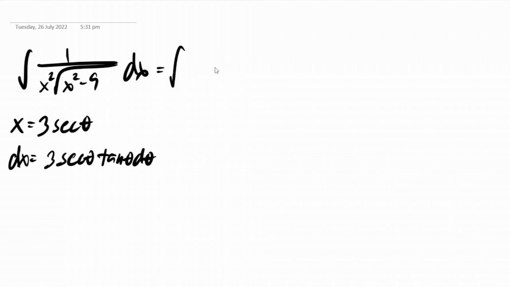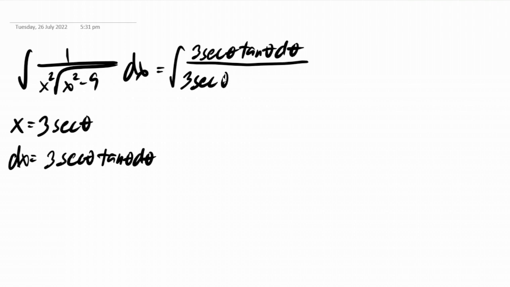If we put the dx on top, that is 3 secant theta tangent theta d theta all over x squared, which, because it is squared, you can just directly square it, 9 secant squared theta, and square root of 9 secant squared theta minus 9.